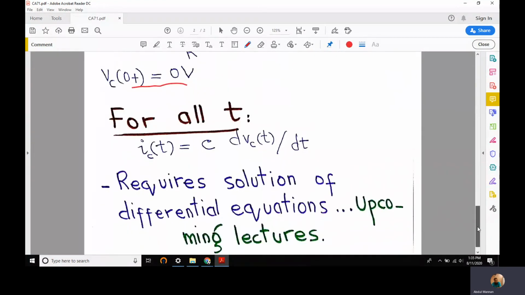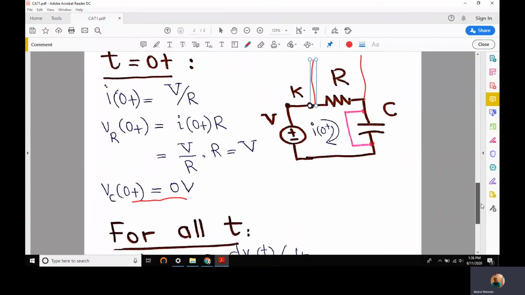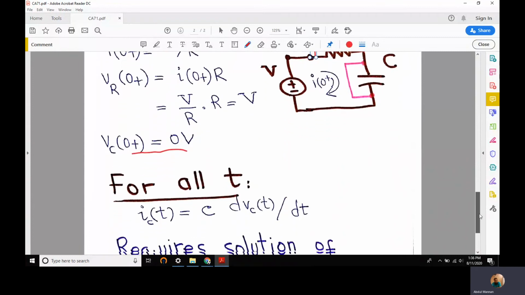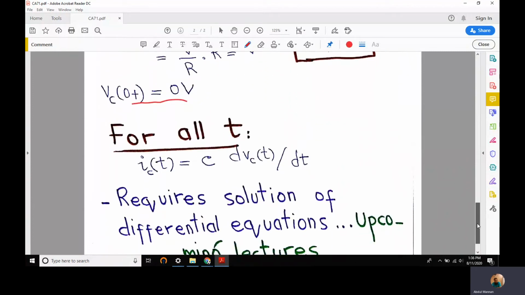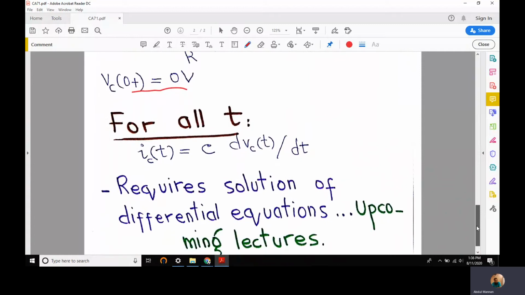That will be the topic of this third part of the course, the transient analysis. Computing i_C(t) and v_C(t) for all values of t requires a bit of mathematics, and it requires solution of differential equations that we have studied in mathematics course.